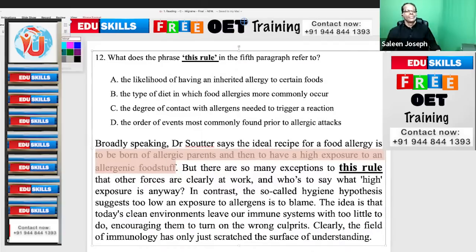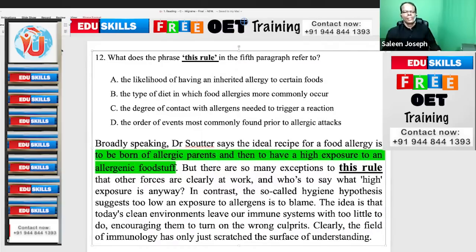Yes, Father. And now you'll have to see. The text says the ideal recipe for a food allergy is to be born of allergic parents and then to have a high exposure to an allergic foodstuff. Now let's see option A: the likelihood of having an inherited allergy to certain foods. Inherited, only inherited.